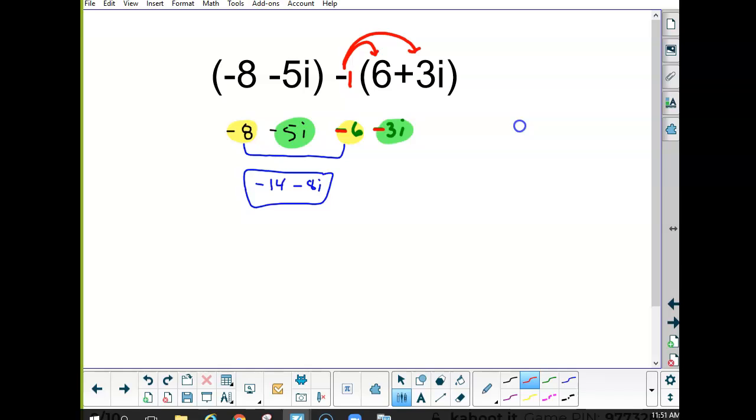You're going to add the real parts together. Those are highlighted in yellow. And then you're going to add the imaginary parts, and that's where we come up with negative 14 minus 8i. So usually I see students make an error because they think that that's multiply. It's subtraction because of the sign that's in between the numbers. So be careful on that.